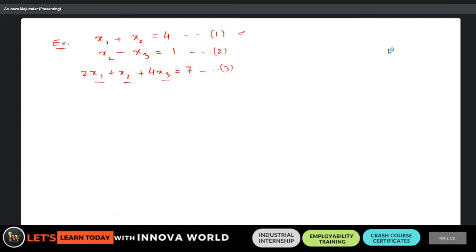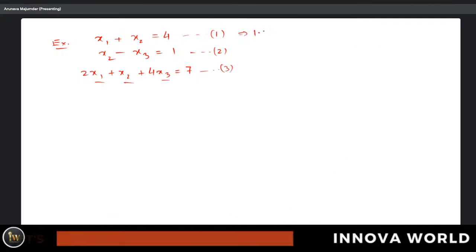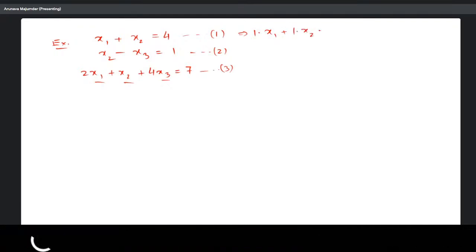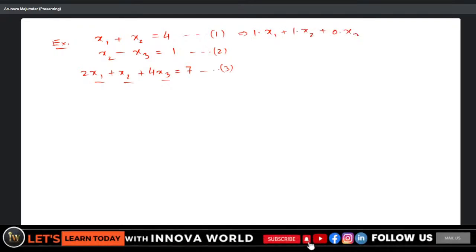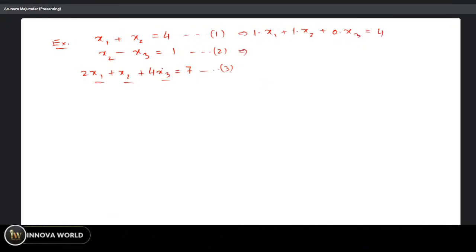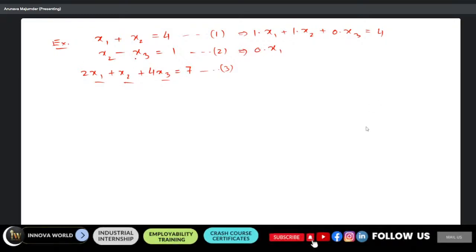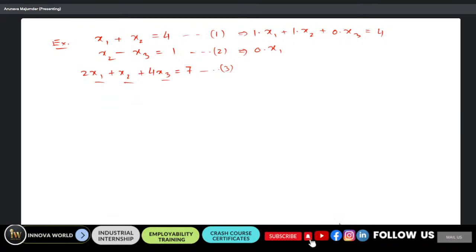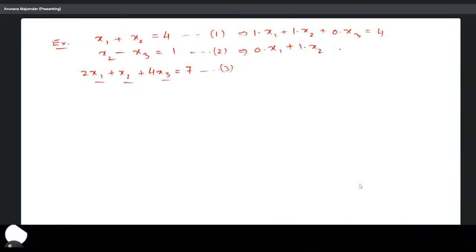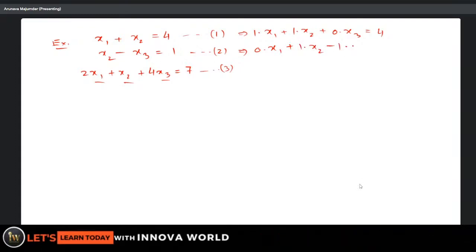So we can rewrite the first equation as 1 into x1 plus 1 into x2 plus 0 into x3 is equal to 4. We can rewrite the second equation as 0 into x1, since x1 is missing, plus 1 into x2 minus 1 into x3 is equal to 1.